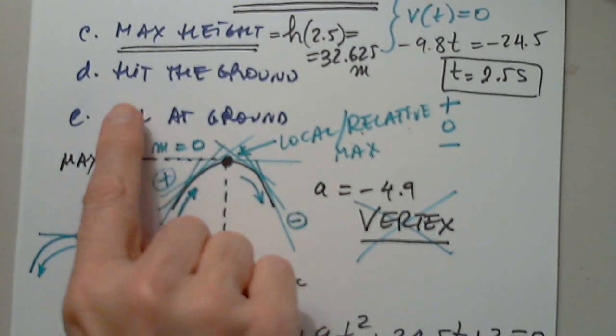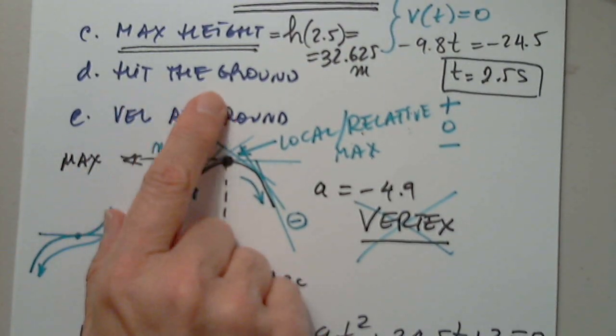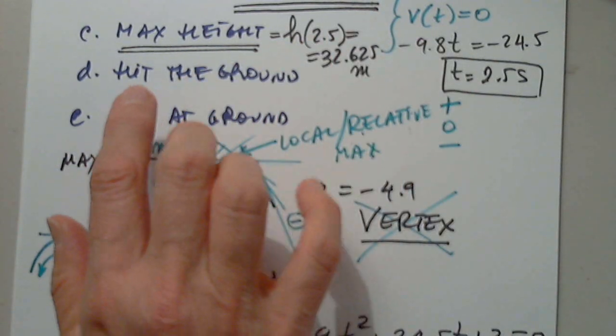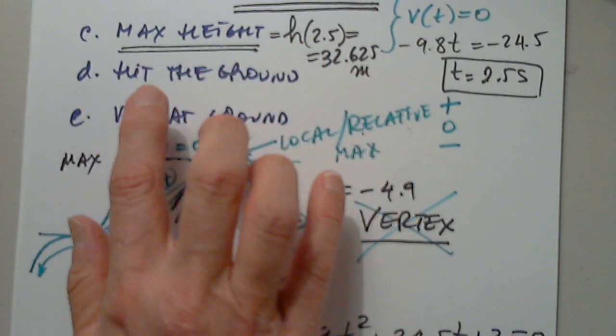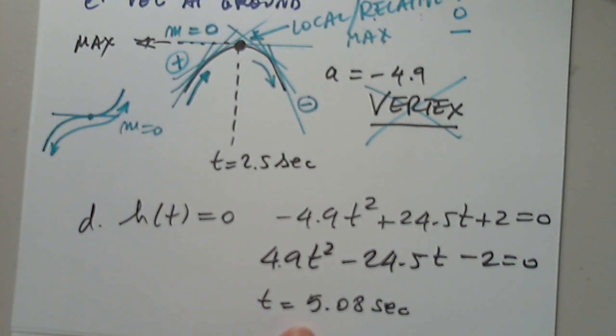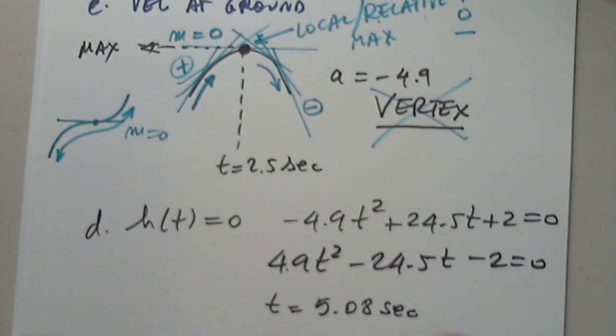So we say that the shot, or whatever it is, the particle, it's not important, hits the ground 5.07 seconds from the moment of launching it.